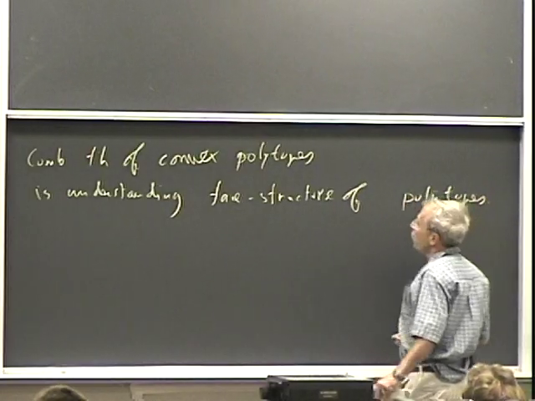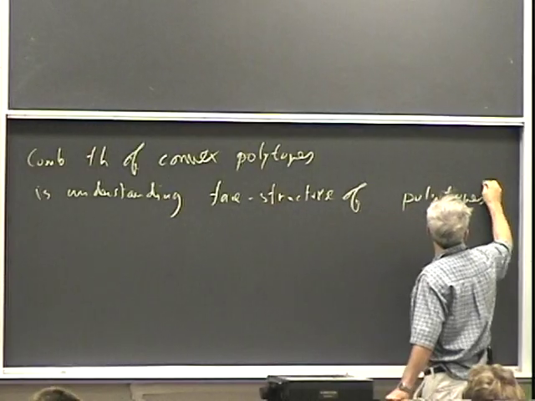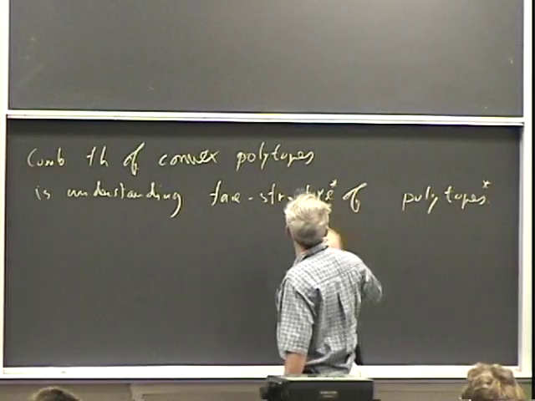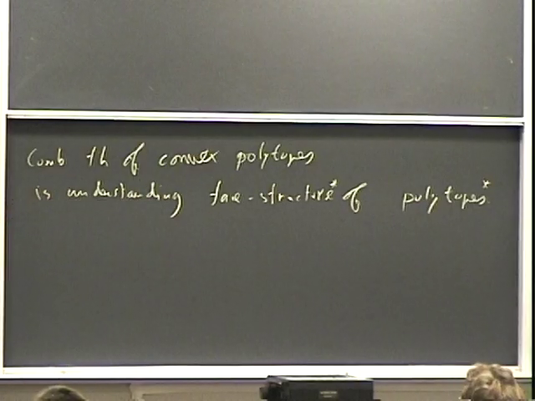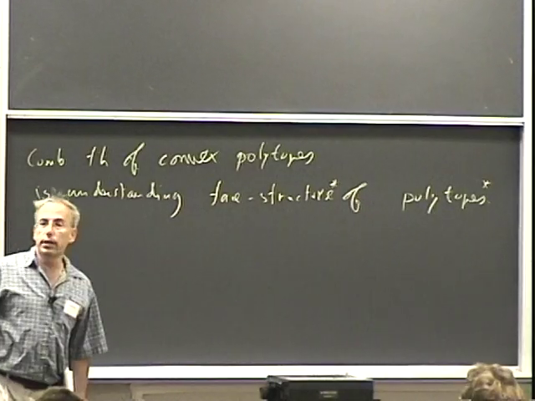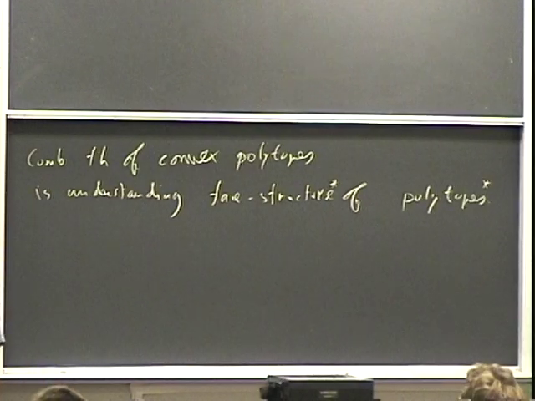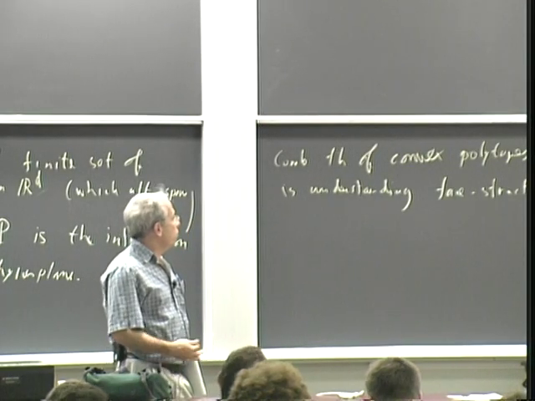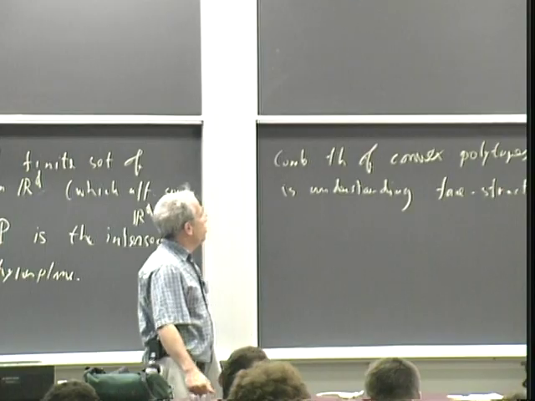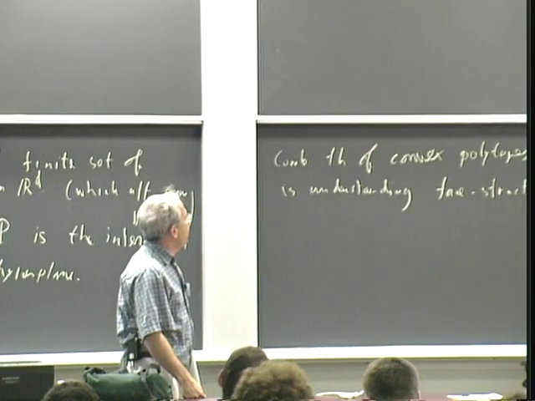I should make two remarks. One remark about the word polytope here, and one remark about the face structure. Actually, the combinatorial theory of convex polytopes developed to various combinatorial structures which are more general than polytopes, and I will mention them shortly. So this is now an important part of this theory.